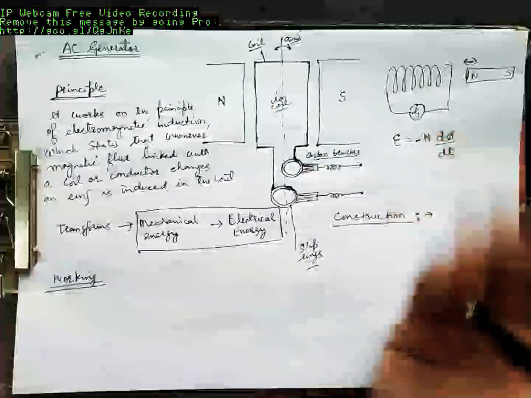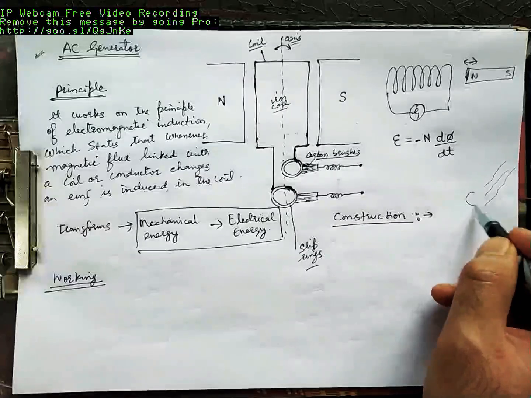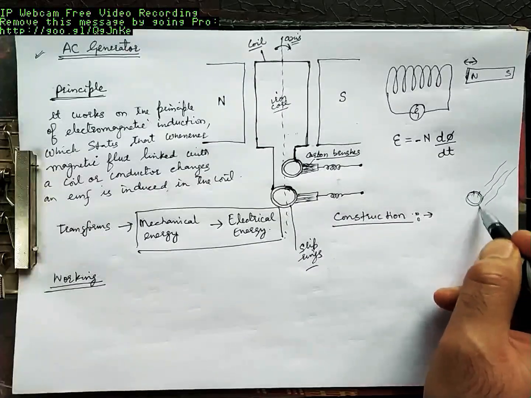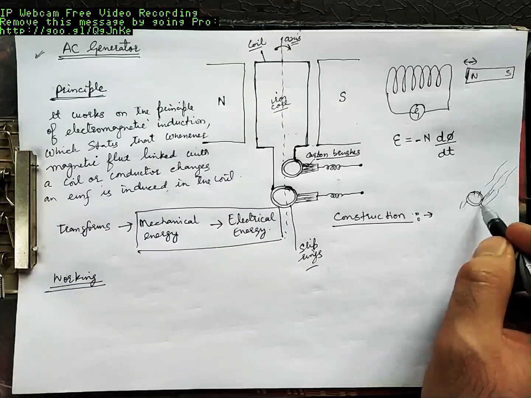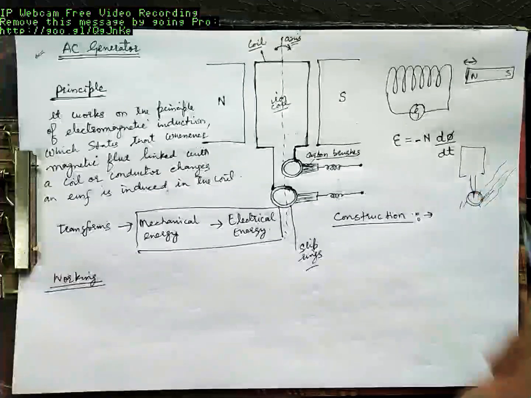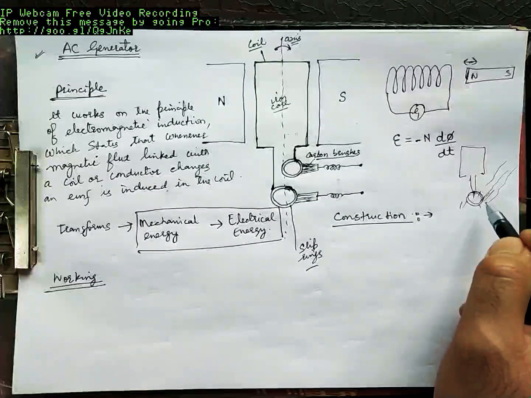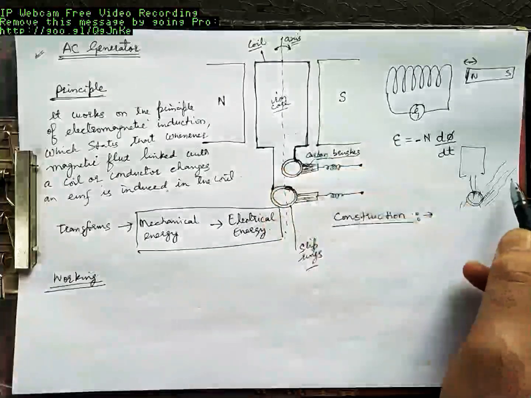You have a stream of river over here where water is flowing with speed. You connect a wheel-like device over here, what you call a turbine. When water comes down, this turbine rotates, and this turbine is connected to this coil. When this turbine rotates, this coil rotates.